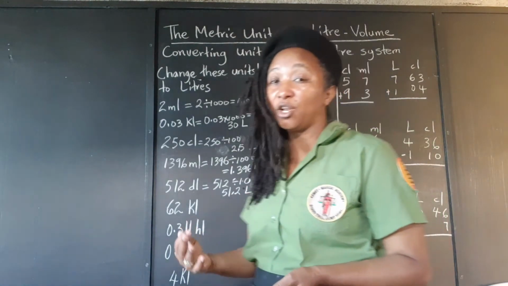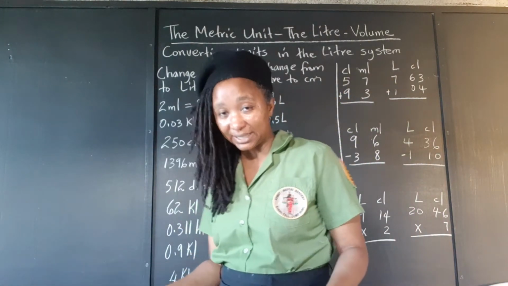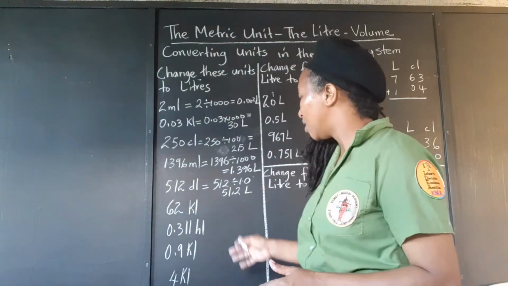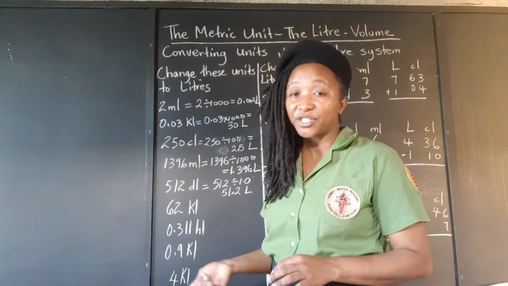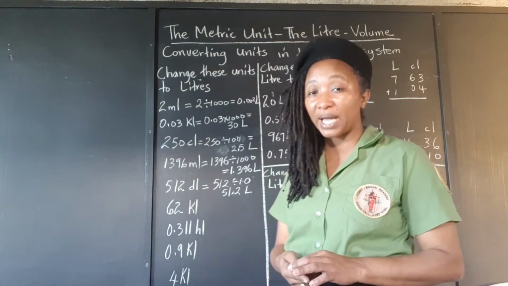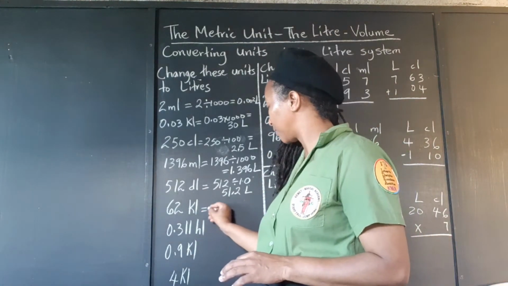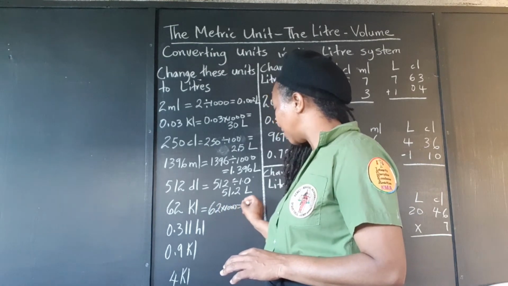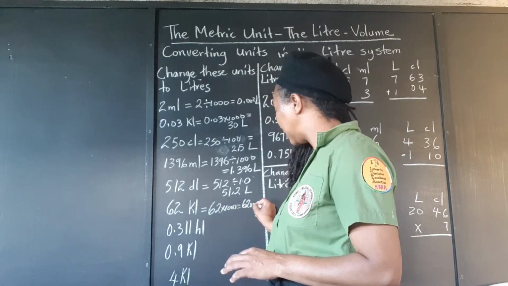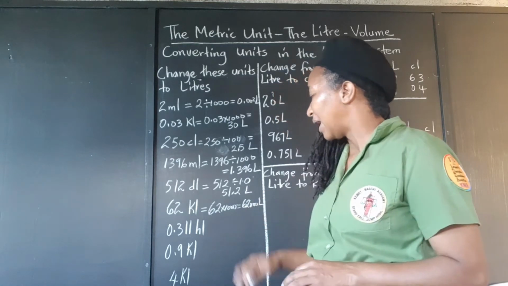Now kilo. Kilo means 1,000. So if we're changing kiloliters to liters, we're multiplying by 1,000. Bigger unit to smaller unit, we multiply. So that will give 62,000 liters.